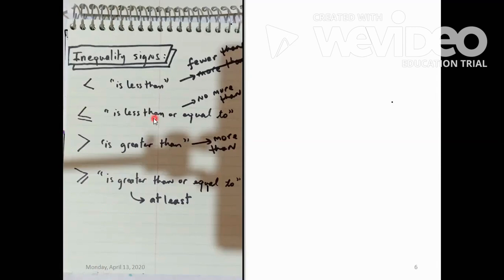All right, so inequality signs, we have 4 of them. So this one is the less than sign. You notice it looks like an L.